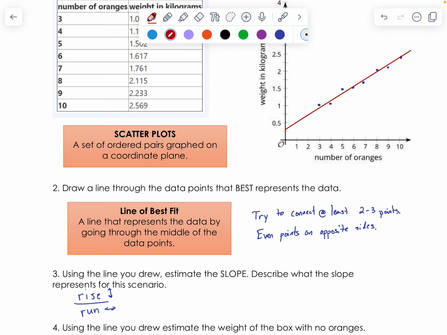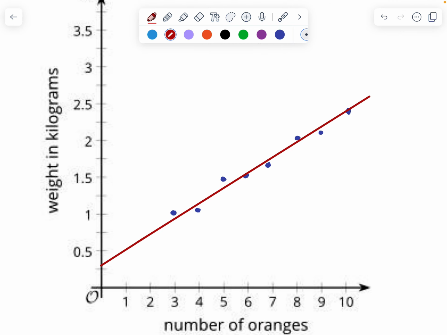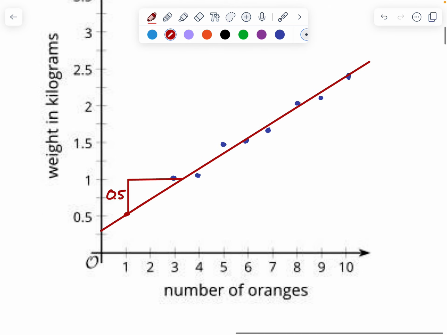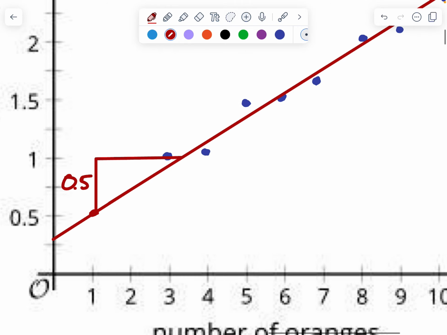In this case, what's the slope? Excuse me, a little voice break there. Slope is how much it goes up and over. If I go here and then go up, that's a 0.5 increase, and over, it goes from what looks like 1 to maybe 3, so that's an increase of 2.